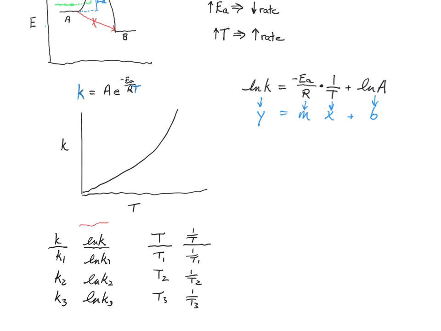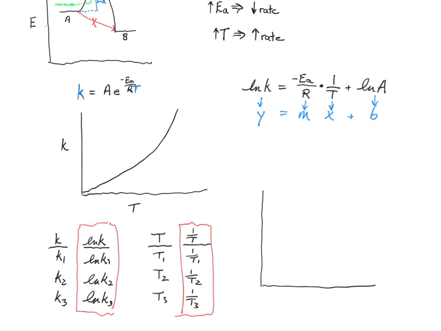And what we can do then is we can plot these values of natural log of the rate constant against the inverse of the temperature. And we'll have a plot. And that plot will have the natural log of K on the y-axis, and it'll have the inverse of temperature on the x-axis.